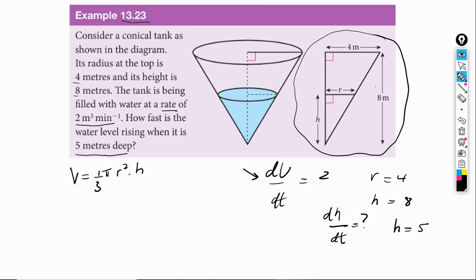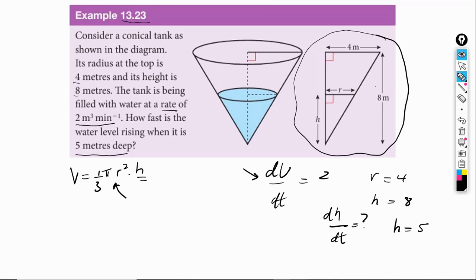Since they want us to find the rate of change of the height, I'm going to keep the height, but I want to substitute the radius for an expression that gives us the radius in terms of the height.